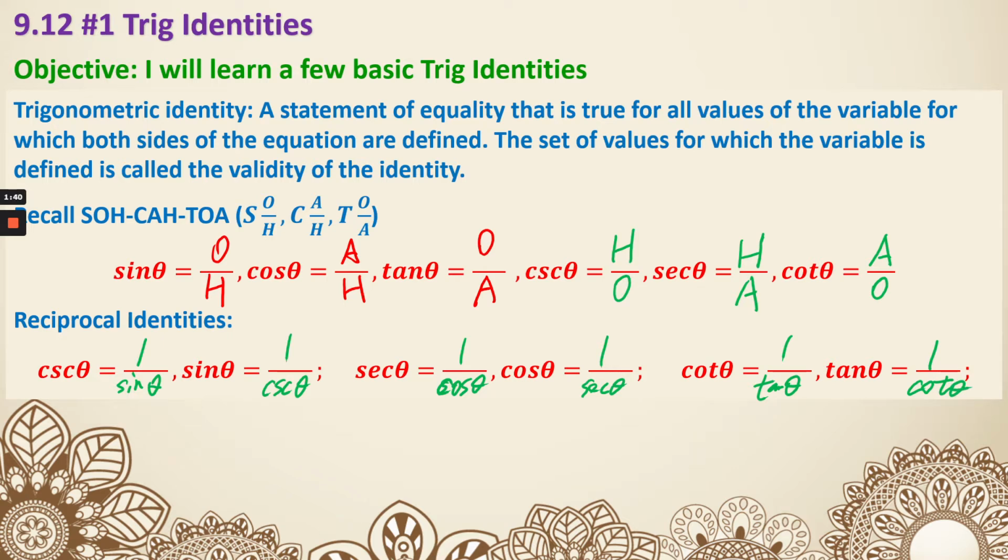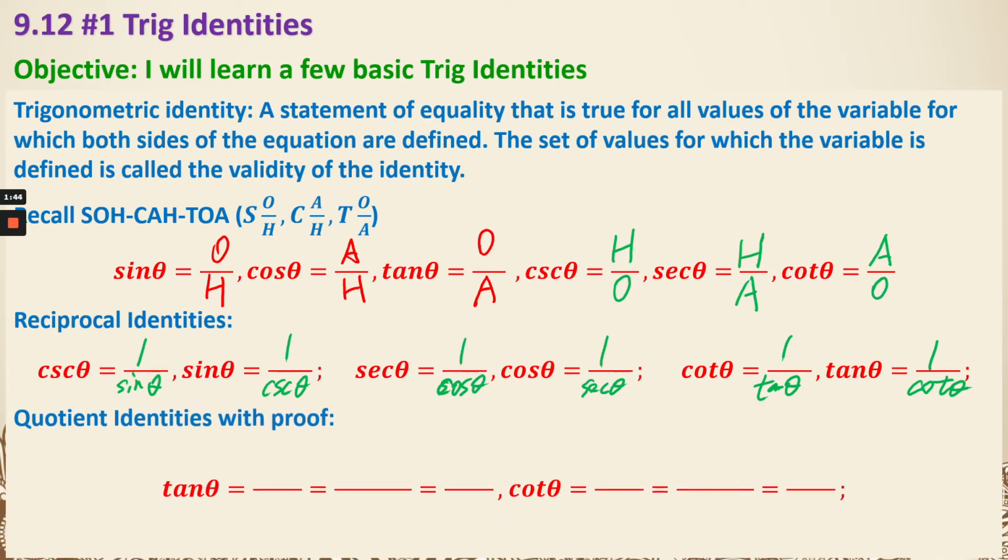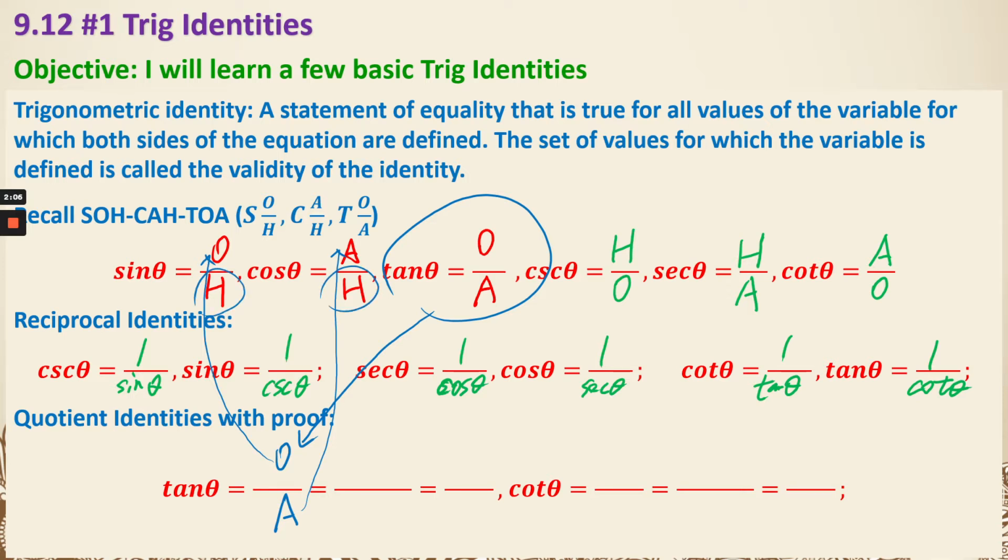Then the next group will need a little bit of work, something called quotient identities, and we're also going to, in the process, prove it. First, tangent. We know tangent is actually opposite over adjacent. Then you may notice opposite also appeared in sine, and adjacent appeared in cosine. But also sine and cosine both share the hypotenuse.